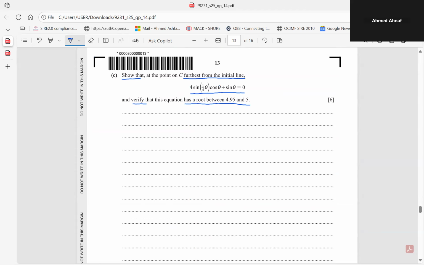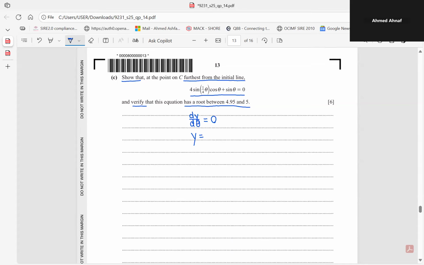To find this out, we're going to have to equate dy/dθ equals 0, almost like how to find a maximum or minimum point, you equate dy/dx equals 0. To do this, let's first find the expression for y in terms of θ.